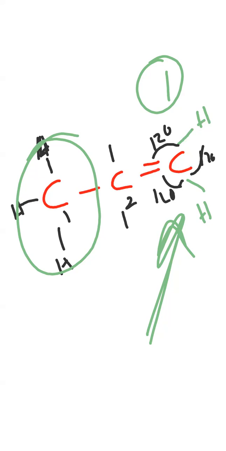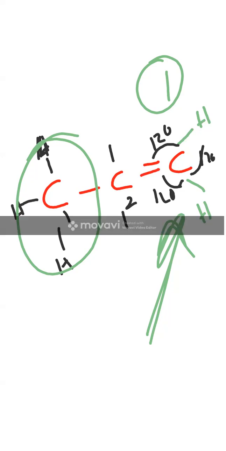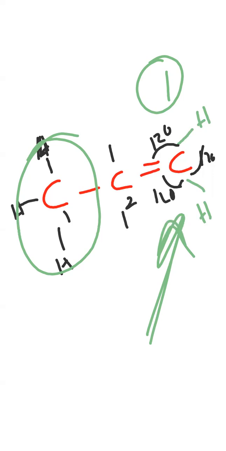There will not be any pyramidal or bent structure in organic chemistry because carbon will be the central atom and it doesn't have any lone pair. Whenever there is a lone pair, then we get something like a bent structure. So there will be either tetrahedral or trigonal planar. We have 2 shapes in organic chemistry, either tetrahedral or trigonal.